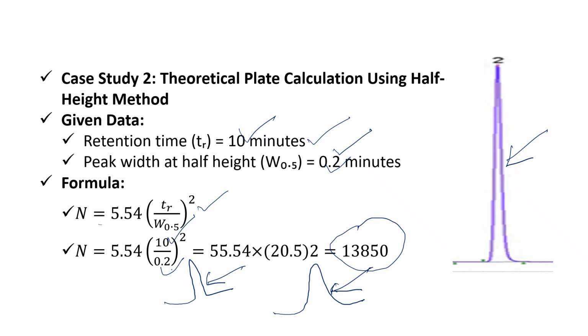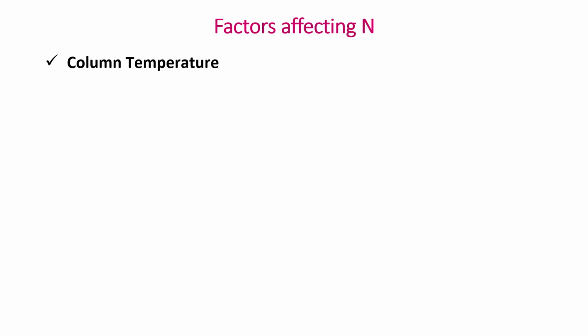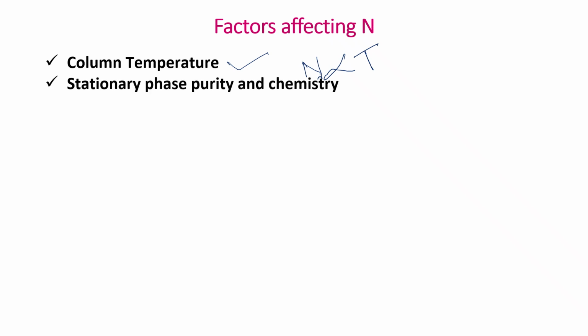Now the question comes, what are the factors affecting the theoretical plate? Factors affecting the theoretical plate. Column temperature. N is directly proportional to column temperature. It means when you are increasing the temperature, theoretical plate will increase. Stationary phase, purity and chemistry.